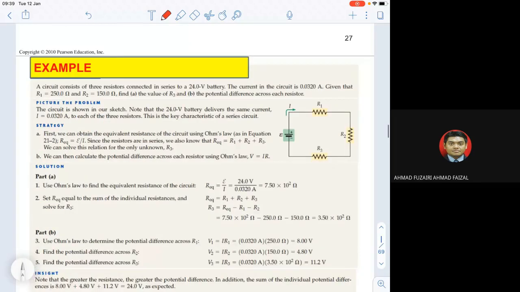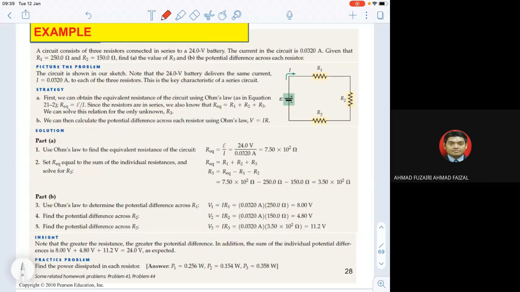Let's look at the examples. A circuit consists of three resistors R1, R2, and R3 connected in series to a 24 volt battery. You have 24. This one is called VT. The current in the circuit is 0.032. Look at the circuit: does it have any junction?